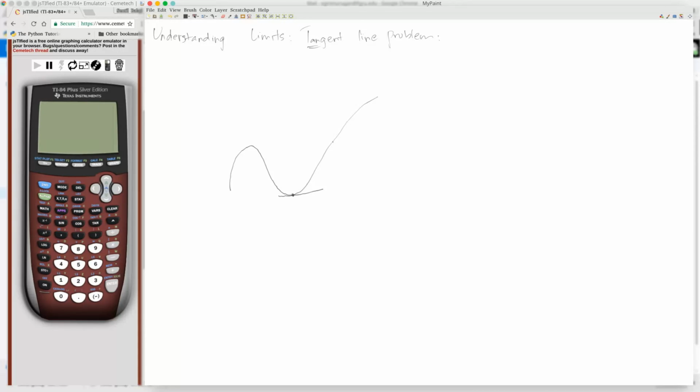For example, you have a tangent line there, perhaps it would go something like that. So it touches that one point, goes in the same direction as the function. In other words, the function's increasing, the tangent line is also increasing.